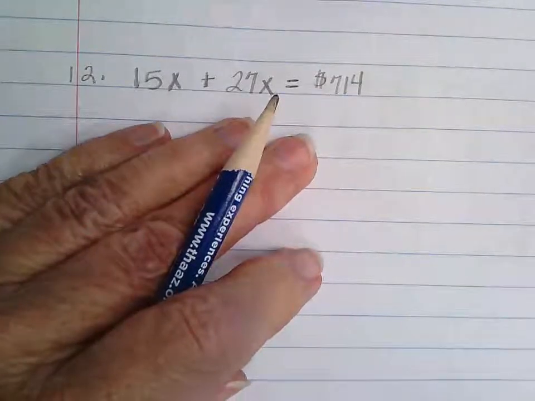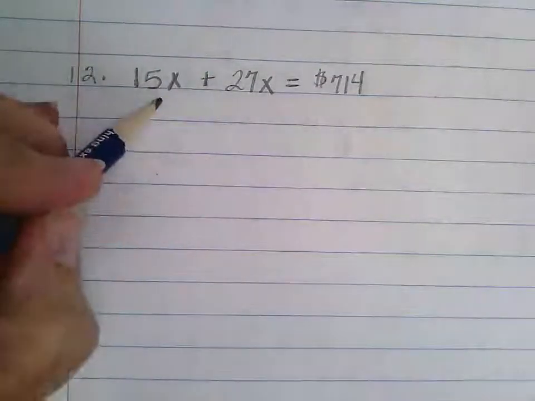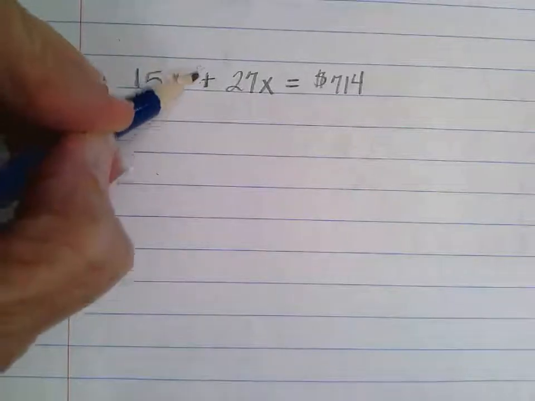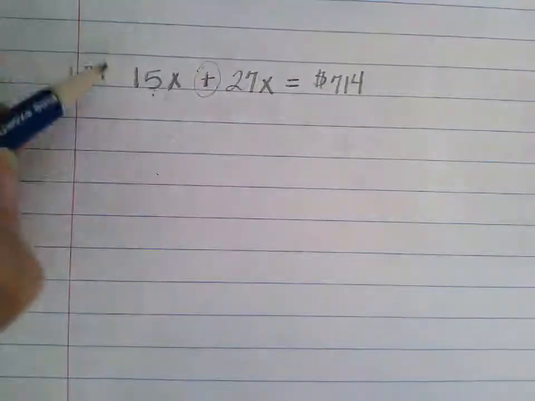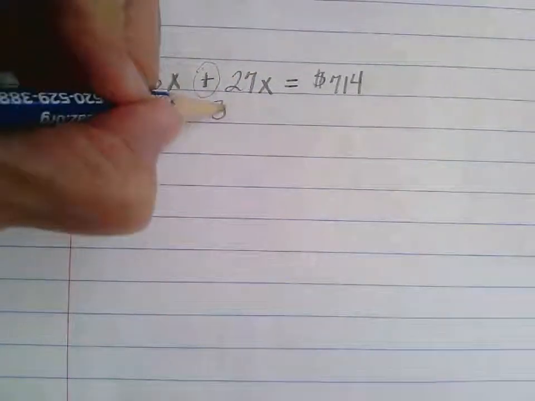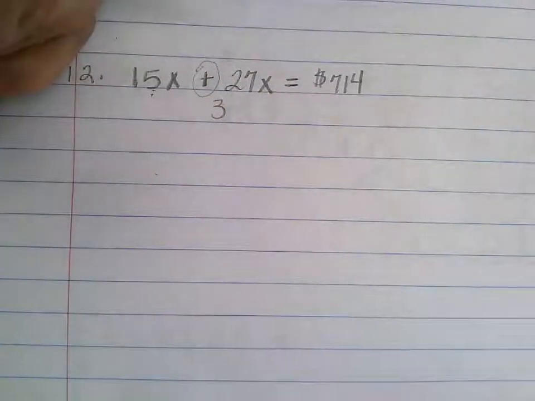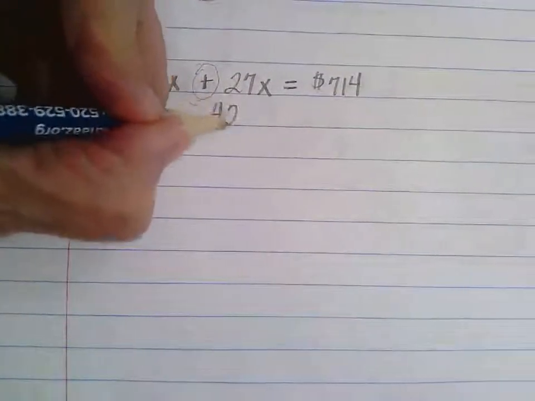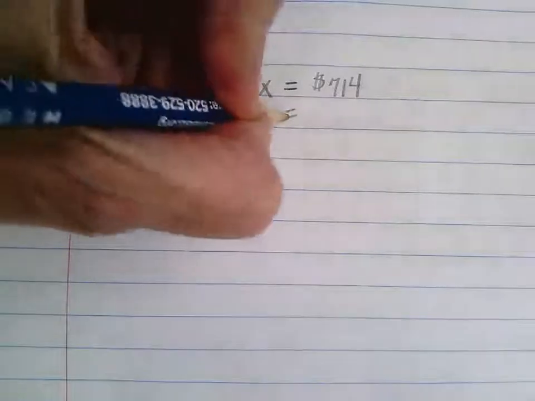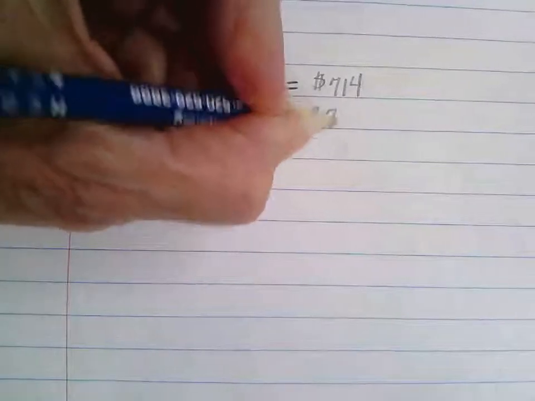So here we can see we're just adding x's. We don't have any constants with them. We have two terms. Here's our addition sign. One term here, one term here. So when we add these together, we get 42x equals $714.